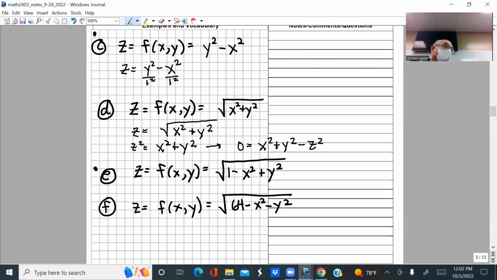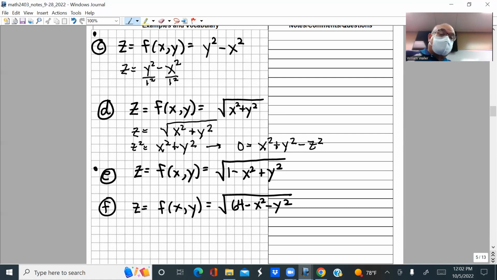So the bottom half of the cone really isn't there. This equation is an elliptical cone, but this one's not quite an elliptical cone. Nevertheless, you can figure out what the graph looks like by squaring both sides.